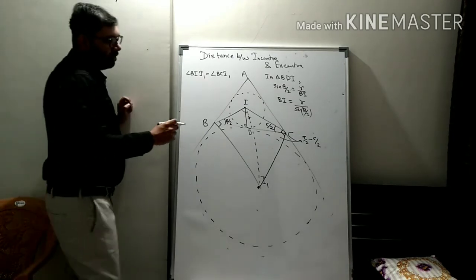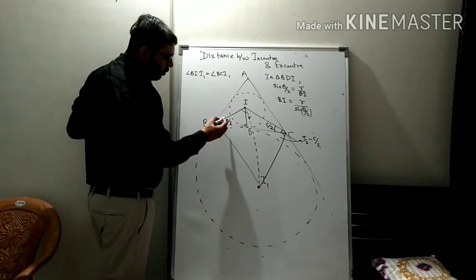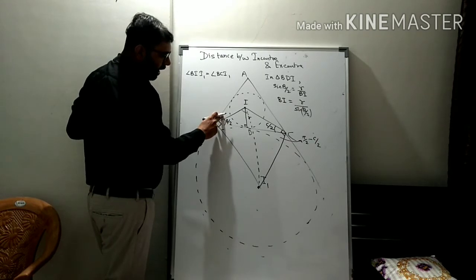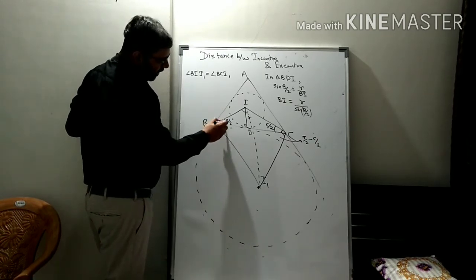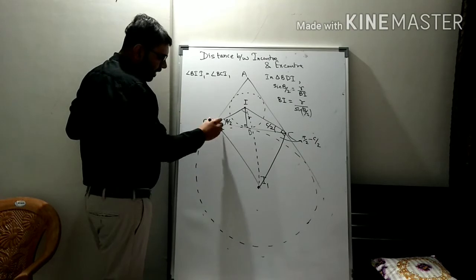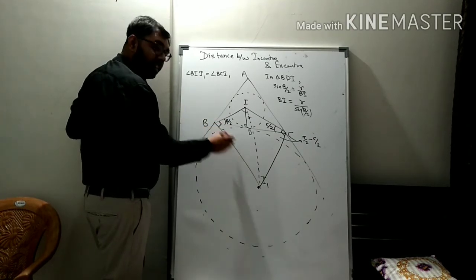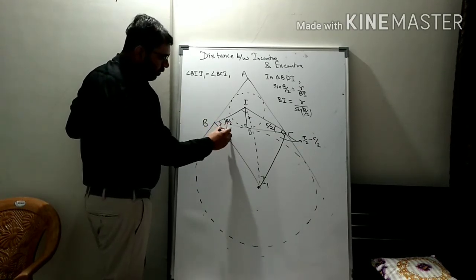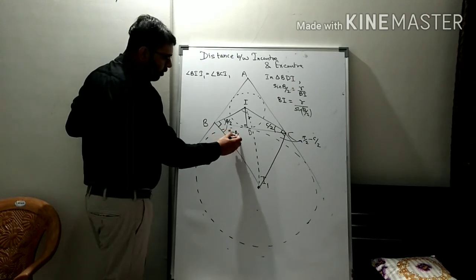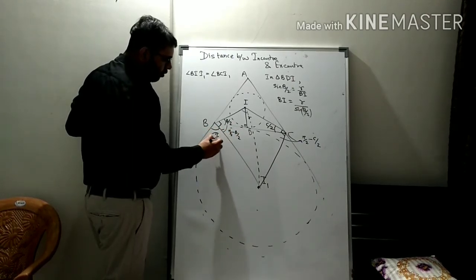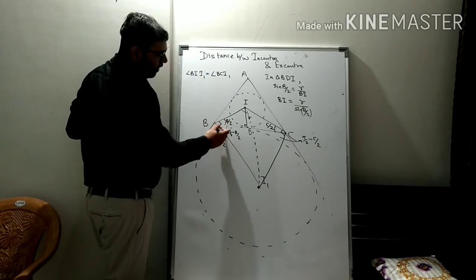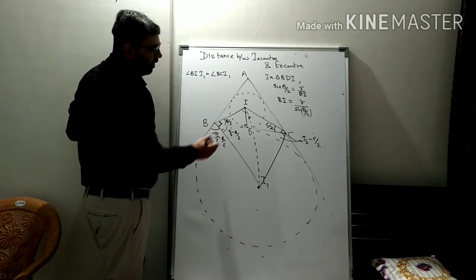How is this 90? This is easy to prove. See, this angle is B by 2, this angle is also B by 2. Now this complete angle is pi minus B, but this is the external bisector for angle B. Therefore this will be pi by 2 minus B by 2, and this also will be pi by 2 minus B by 2. If we add these two angles, this will come out to be 90 degrees.